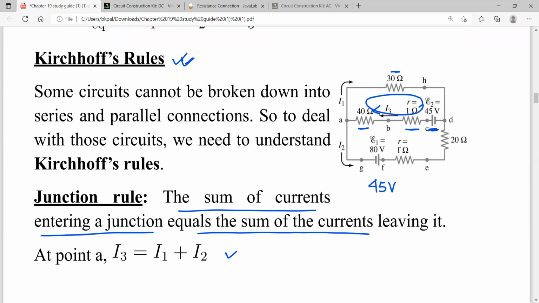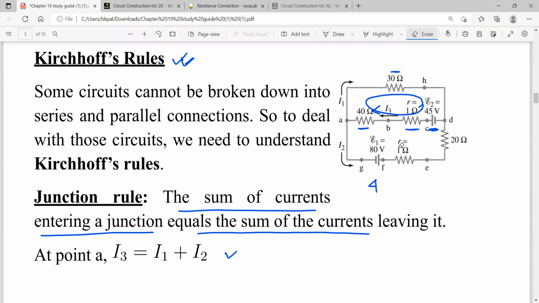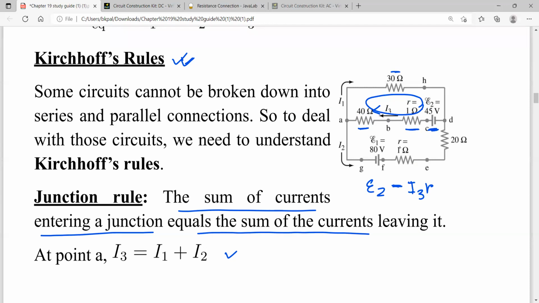Let me just use the symbol, so it will be E2. And then there is a potential drop at small r, which is minus I3 r. Here I put a negative sign. I'm going to talk about the negative sign after I write the equation.